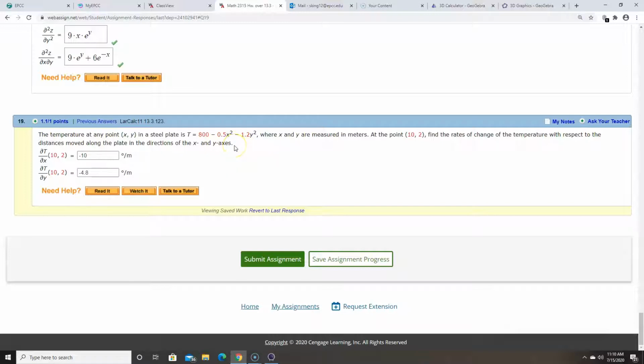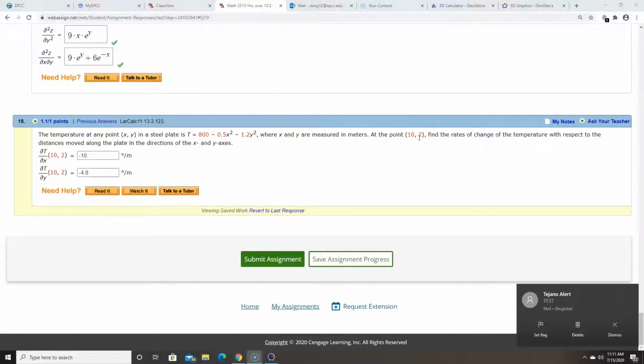The rate of change of the temperature with respect to the distance from the origin will be different. And so they're asking at a particular point, a point on the xy coordinate plane, that will have a mapping by plugging the 10 right here and the 2 right here, and then you'll get the range value, in this case the t value.